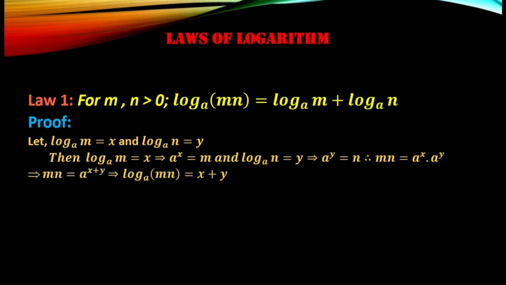It is nothing but a to the power x plus y, because the base of both the numbers are the same, and when two numbers are multiplied and their bases are equal, then their indexes are added. I have already discussed this in our previous lecture.